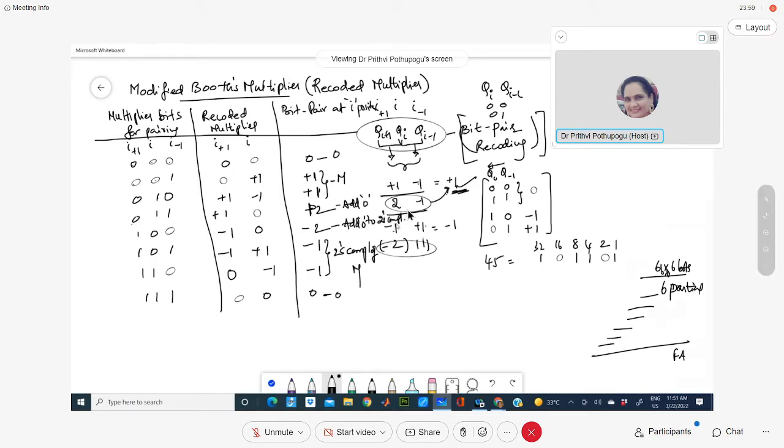Plus 1 is the direct magnitude, 0 means 0, minus 1 means 2's complement of the magnitude, plus 2 is appending, that means you are shifting one bit towards the left, increasing it by one bit magnitude. Minus 2 means the complement value.